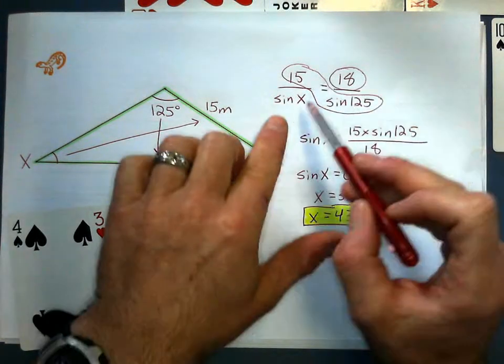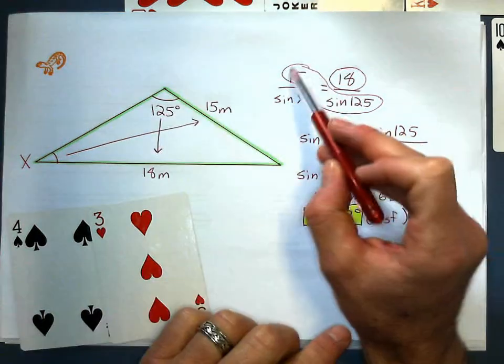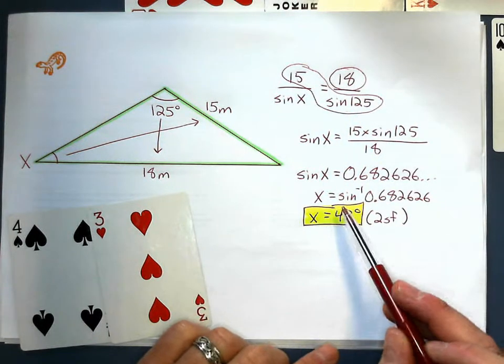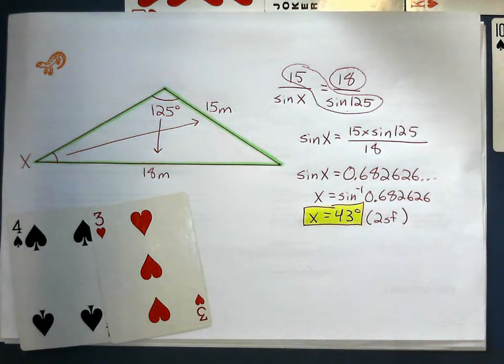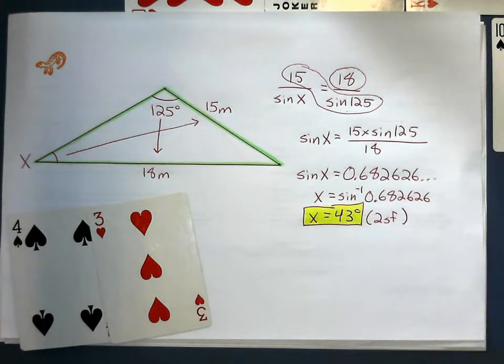Okay, so yeah, it doesn't matter where that sine x is. So that sine of that angle, it can be anywhere. As long as you do this cross multiply and divide by the lone guy, you'll be good. There's one more thing about the sine rule, and I'll go over it right now.